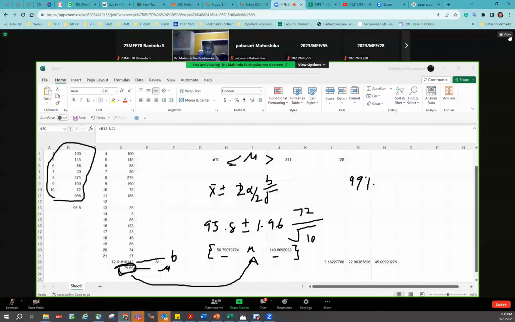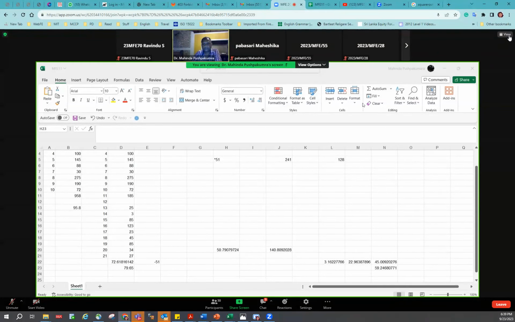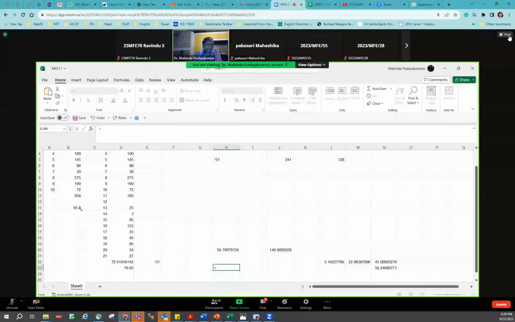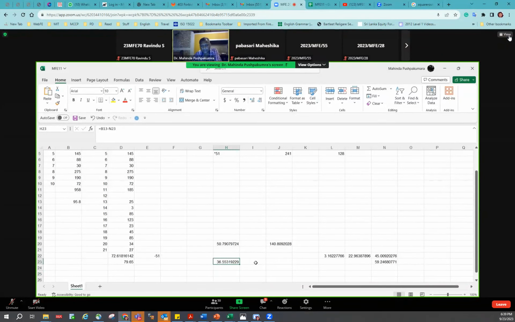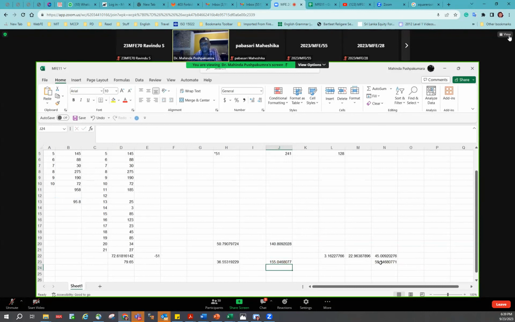2.58. Then this value times 2.58 is 59. Then the confidence interval: 95.8 minus this value is, I think, around 36. Then 95.8 plus this value is 155.